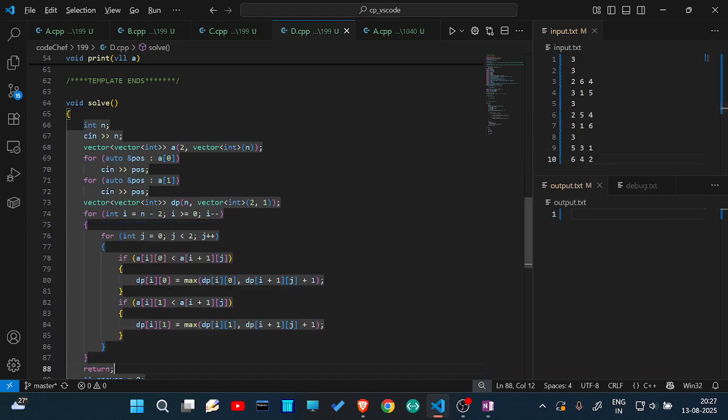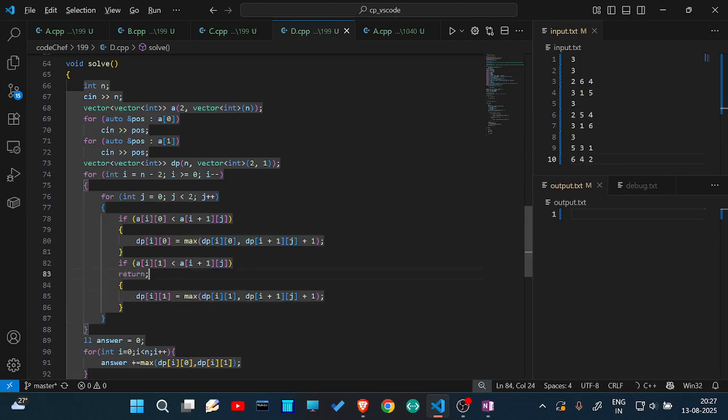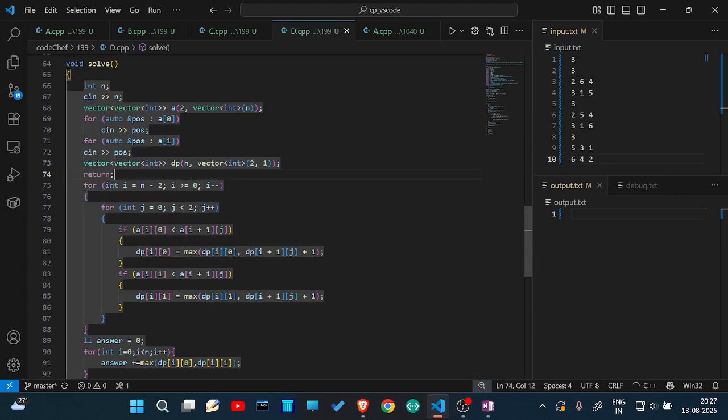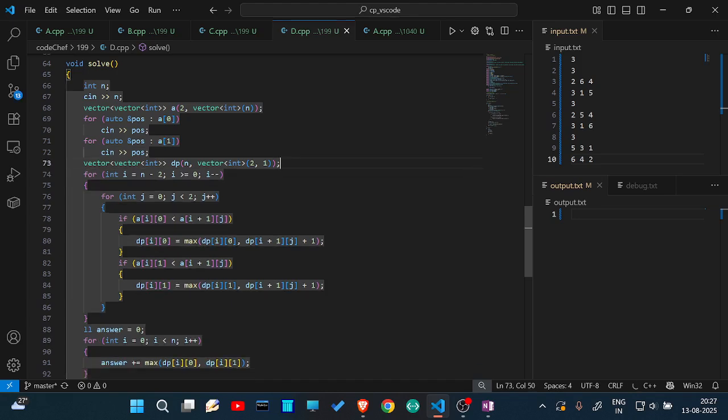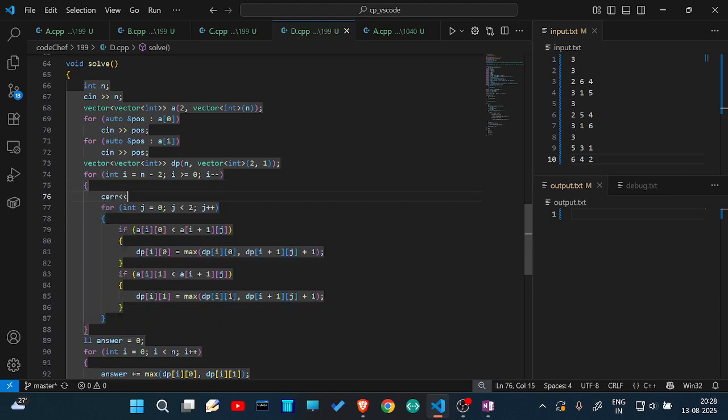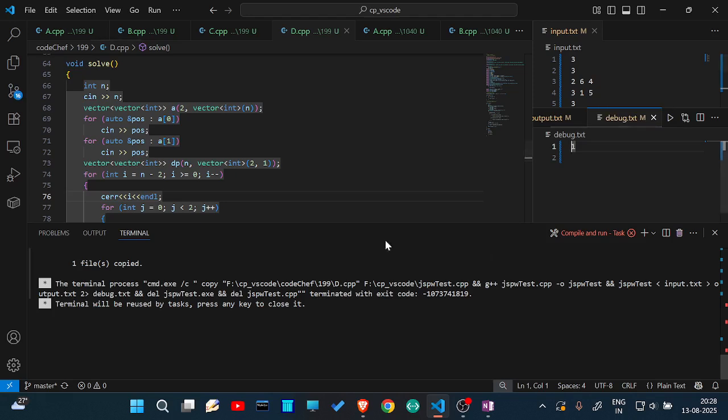Okay, let's go and debug it. What's wrong here? Okay, fine, so there's a mistake with 2 here. I can figure out what's wrong. Okay, up to 1. It's good.